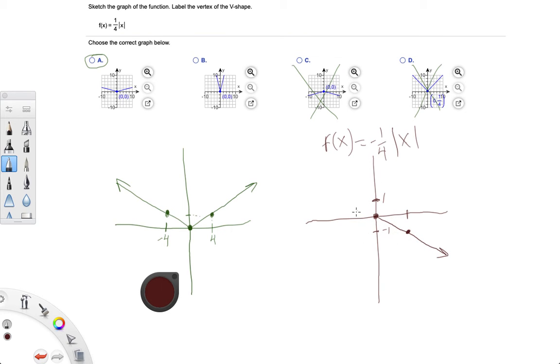If we go over to negative 4, here's positive 4 and here's negative 4. If we plug in a negative 4, the absolute value of negative 4 is positive 4. Positive 4 times negative 1/4 is a negative 1. So we get the same graph flipped across the x-axis.